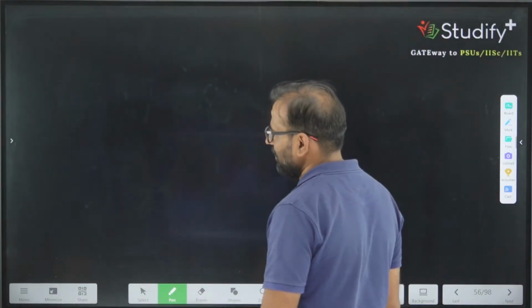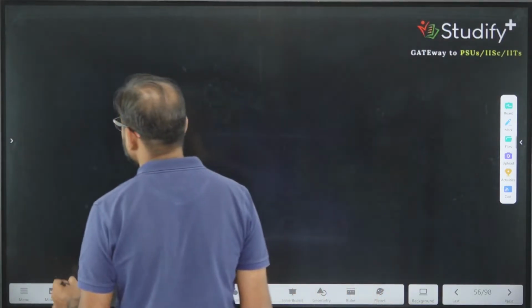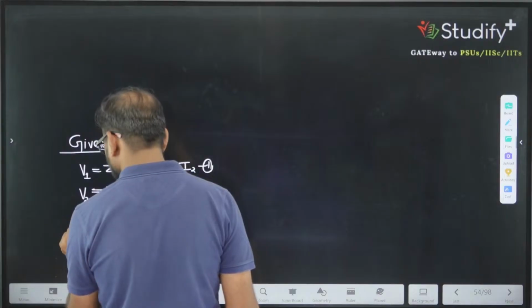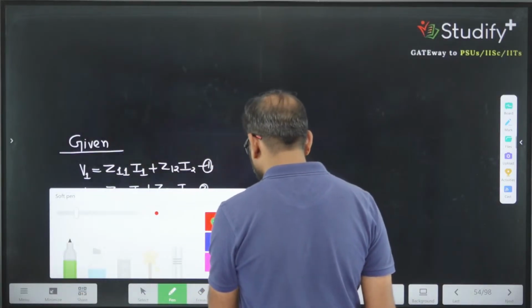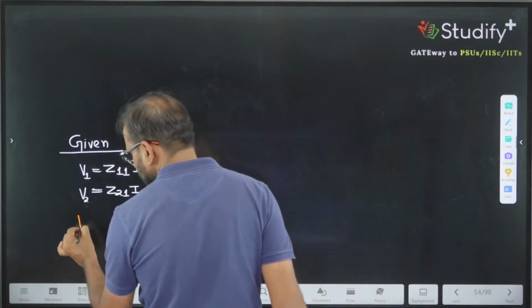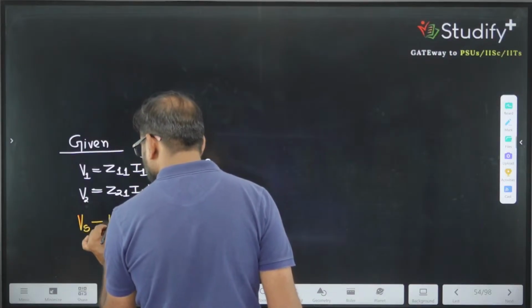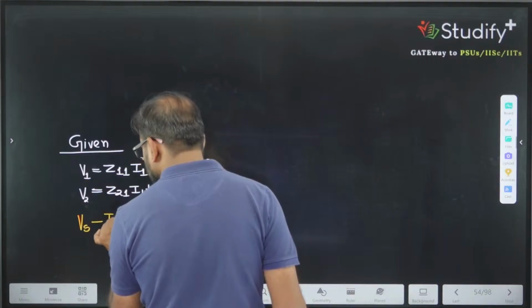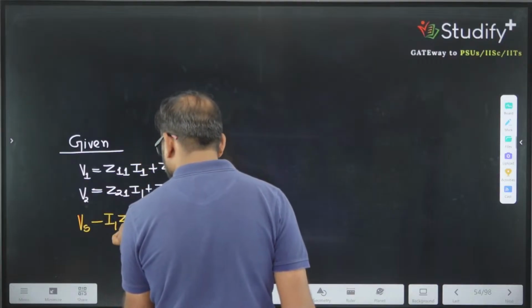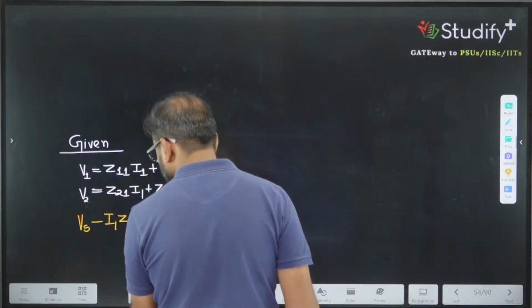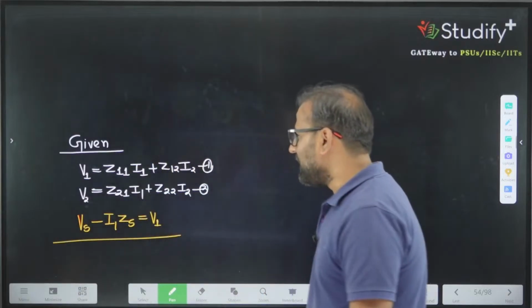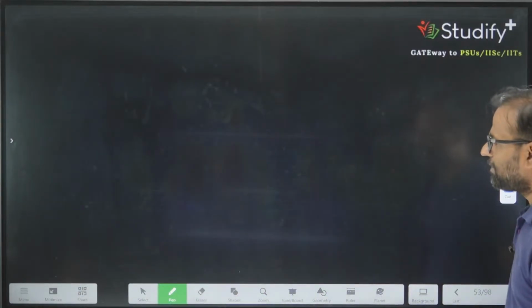The next relationship given from the external network is Vs minus I1 ZS equal to V1. This relationship is also given.